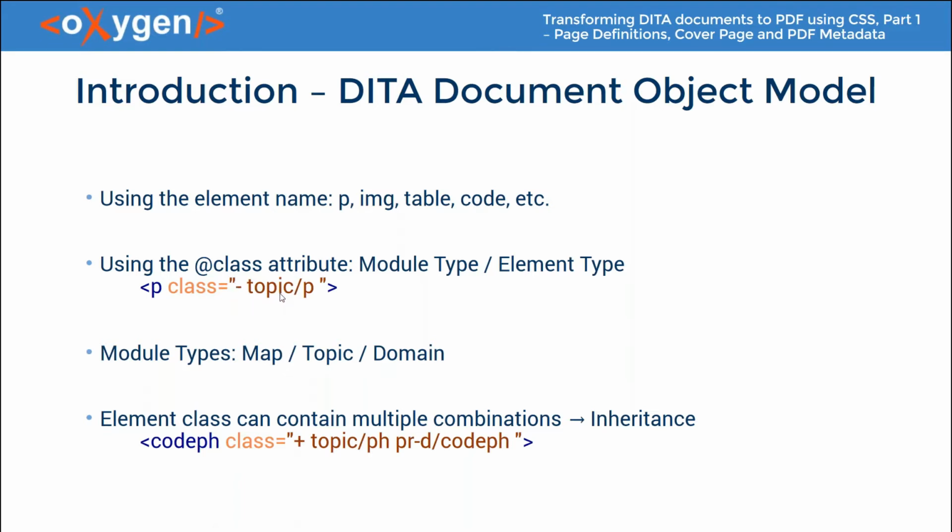Why I said more specifically is because in our transformation, as we are using HTML5 as an intermediary file, HTML does not have as many elements as DITA. And this is why in the HTML document, you find all the elements marked with the class attribute. Some of them, maybe not those ones because they are sufficiently specific, but some of them could lose the original element and just become a classic HTML div.